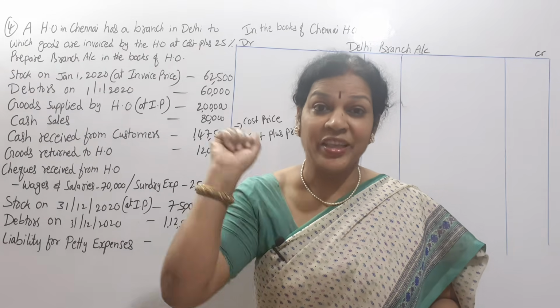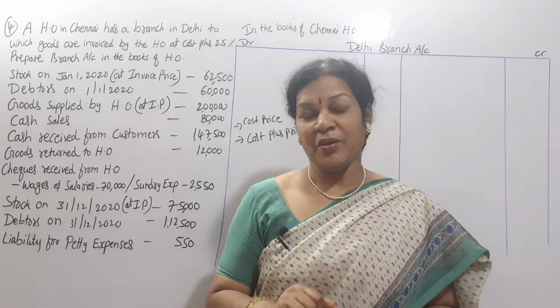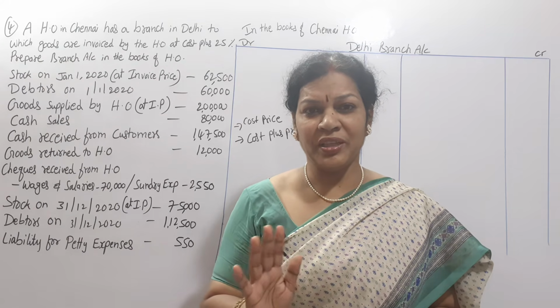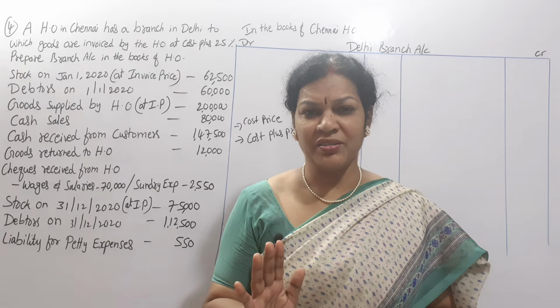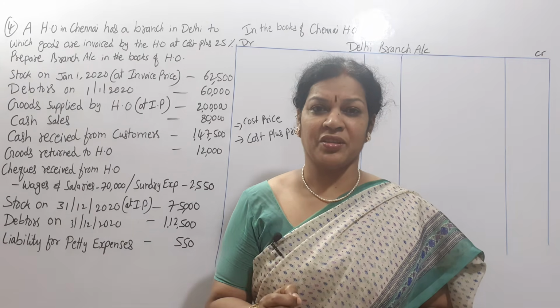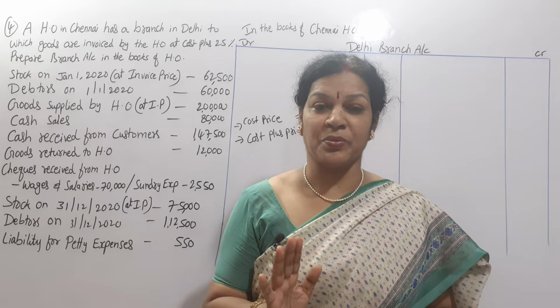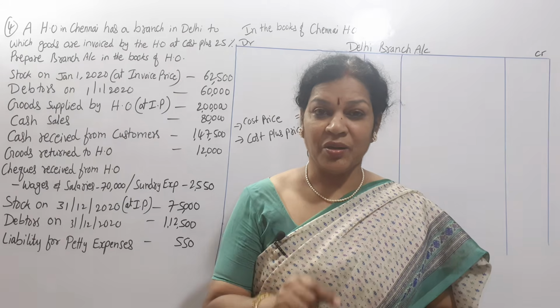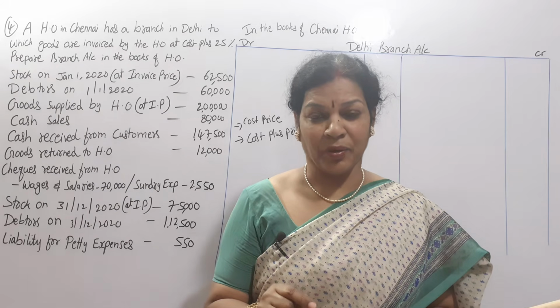That something is invoice price. When they prepare branch accounts, they don't want to take this invoice price, because to know the accurate profits or losses, they have to remove that invoice price. Okay, what is invoice price? Got it? Now we'll enter into the problem.